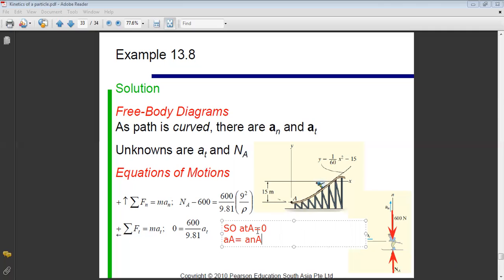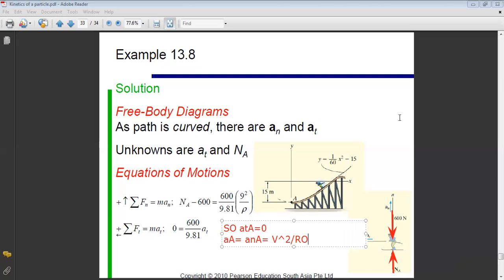The magnitude of a_A is the square root of a_N squared plus a_T squared, but a_T is 0, so the vector a_A equals the vector a_N. To calculate a_N, we say it is v squared over rho. The velocity is given at point A, it's 9. So we still need only to get rho to calculate a_N and therefore a_A.